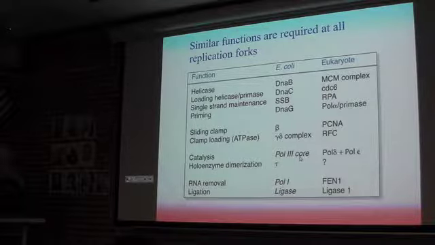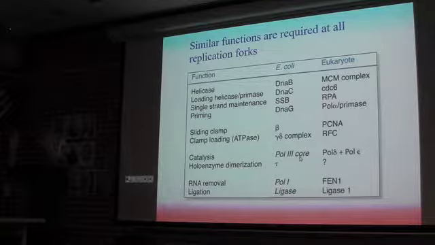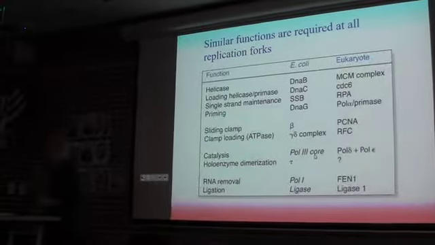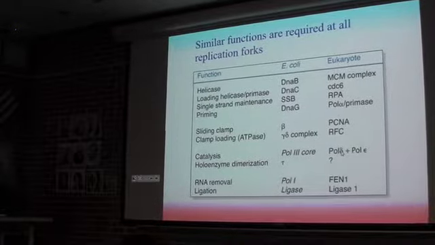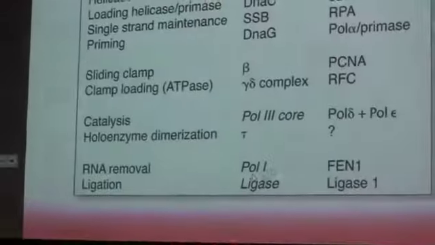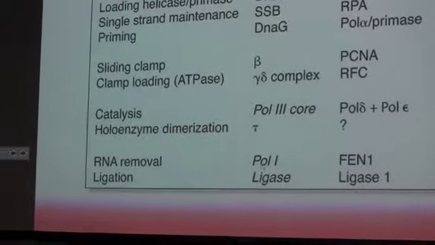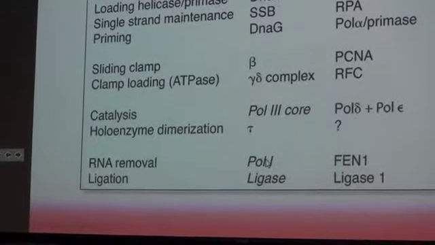You have the dimeric, 2 copies of the monomeric unit for Pol 3 in bacteria. In eukaryotes, you have distinct enzymes, epsilon and delta, devoted to the 2 strands. And then down here at the bottom, here's a difference.